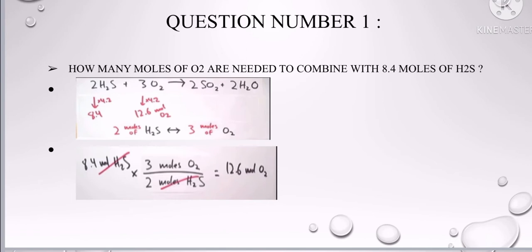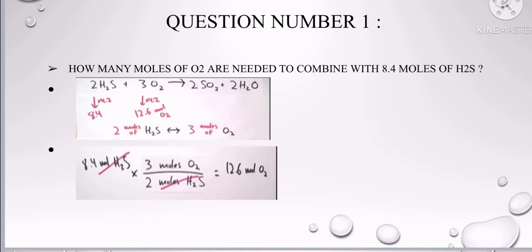So we converted the 2H2S to 8.4 H2S. As you know in math, when you multiply one of the numbers in the reactants or the products by a number, you have to multiply both sides by that specific number. So you multiply that 4.2 by the oxygen coefficient in order to get how many moles of it are needed to combine with 8.4 moles of H2S.